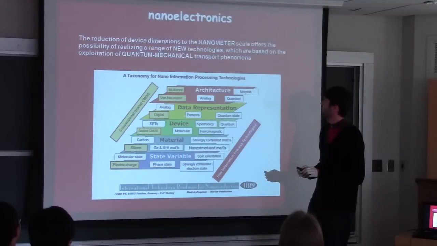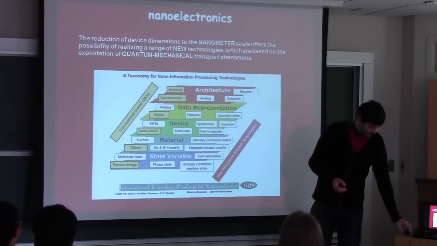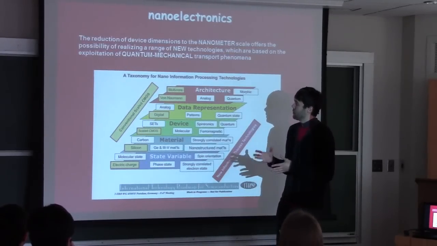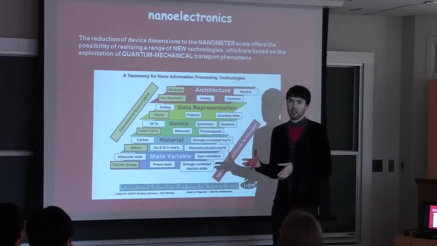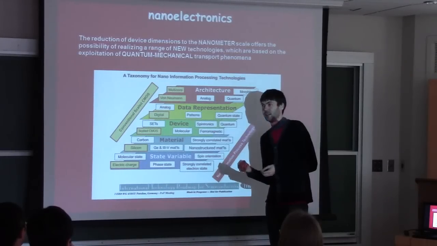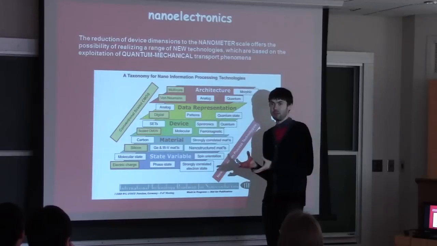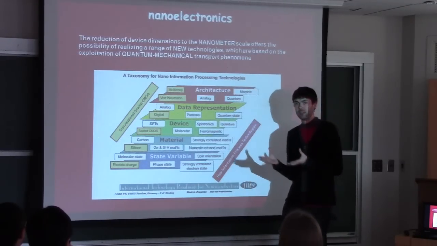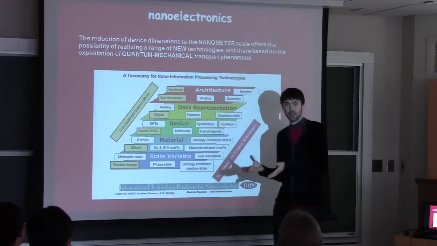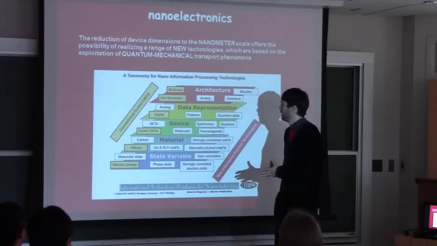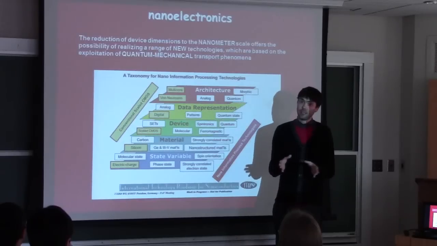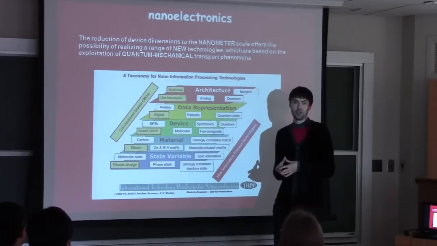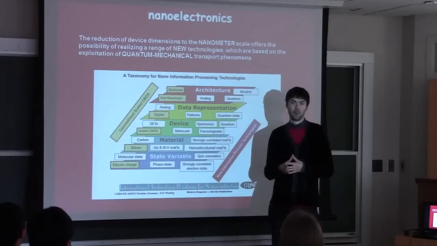So what I told you is that the people in the semiconductor industry are interested in quantum mechanical descriptions of electrical devices in order to better understand the circuits that they are already working with. But they're also looking at devices to enhance the functionality of their circuits beyond what they can do now.